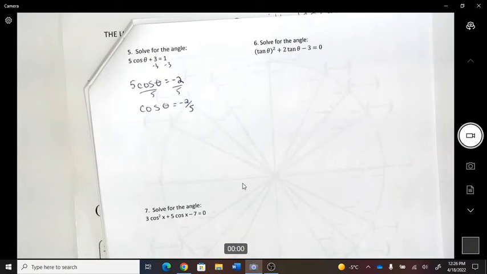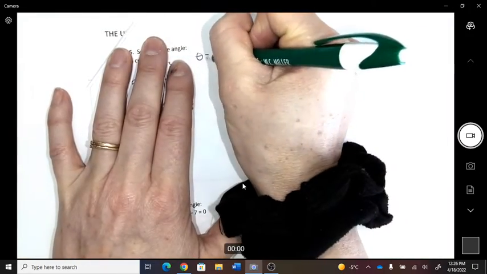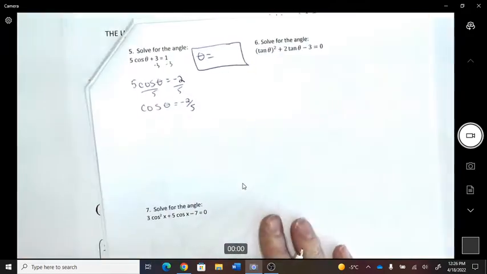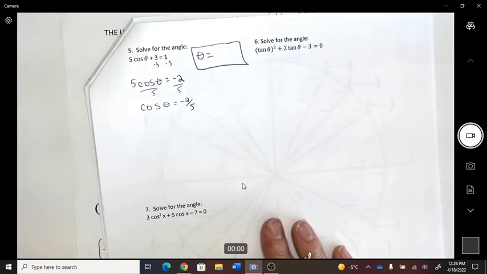Okay, this is where I actually get some people who stop their question because they think they're done. If you stop there, you're going to get a half point out of 4. So don't do that. Remember what your final is supposed to be: what is the actual angle answer? That's going to be my final. What does the angle equal? So you have to get to that point.